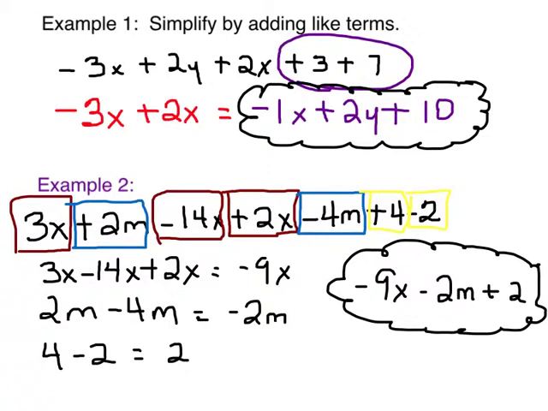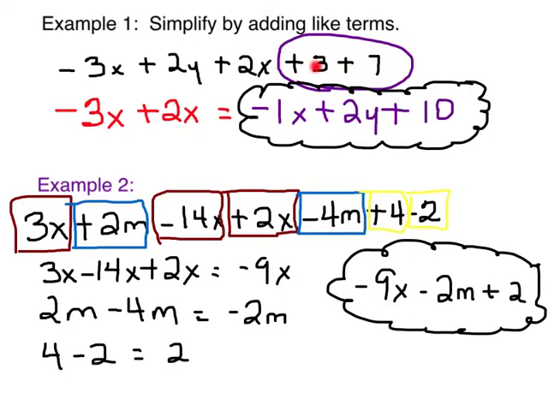Okay, so here's our first example, and it says simplify by adding like terms. I have done that, and I have kind of split that up. I've brought the negative 3x plus positive 2x out here and wrote it in red, and then positive 3 and positive 7, there is no variable with those, so they are just like 1s times 1s.